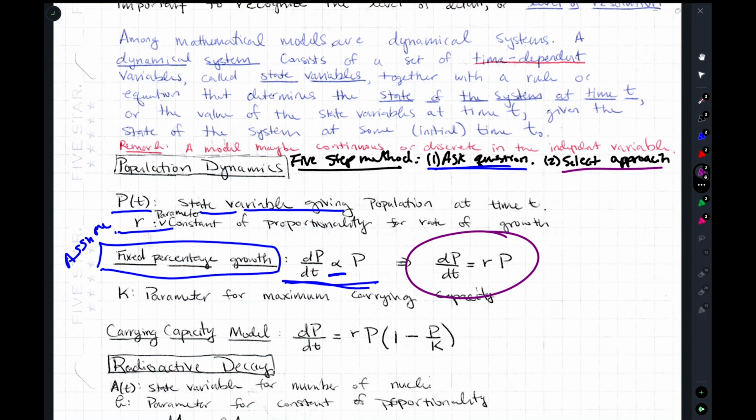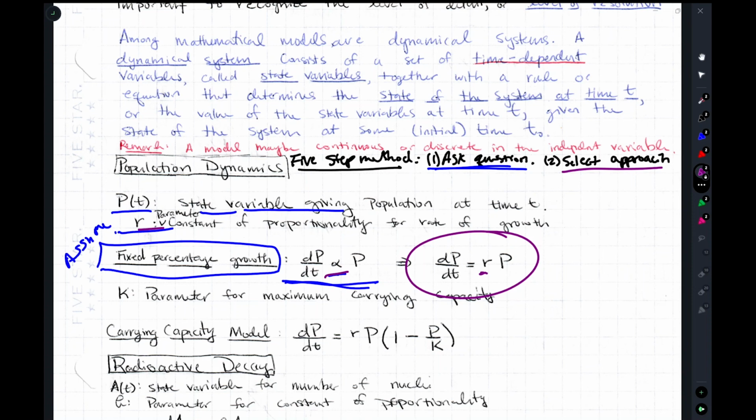So we'll fix the rate of change of the population by, instead of going from proportional, we'll go to equals by setting that constant of proportionality, giving us our parameter here for the rate of growth. And so that's selecting the approach.